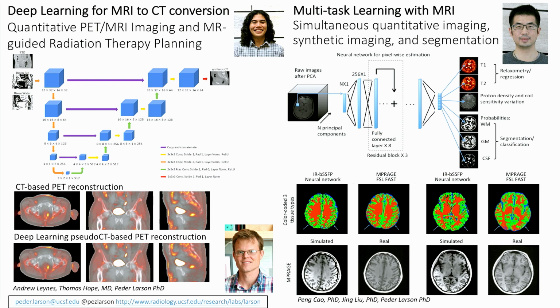So his group has been trying to use deep learning methods to compute the CT-like images to correct for those bone attenuations for PET studies. And on the right here is synthetic MR. You can actually generate contrast that's similar to what we are used to, T1, T2s. Those are image types that the radiologists are used to, by acquiring less data.